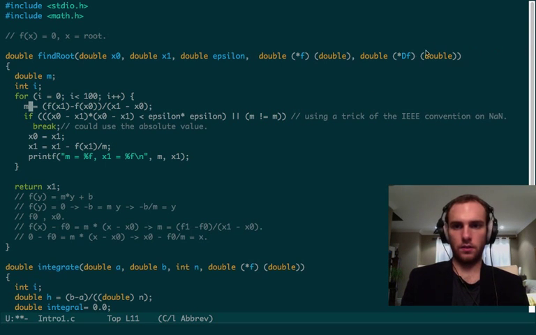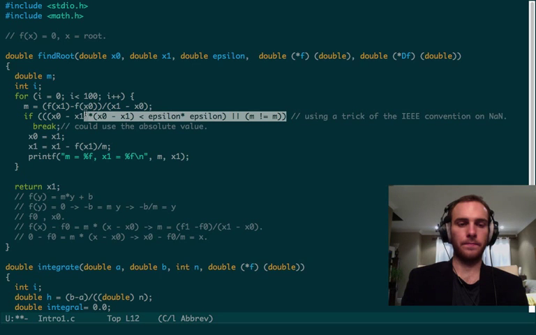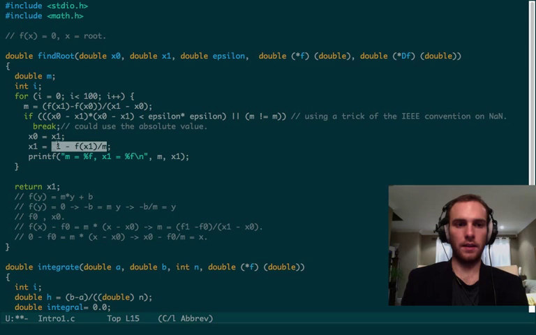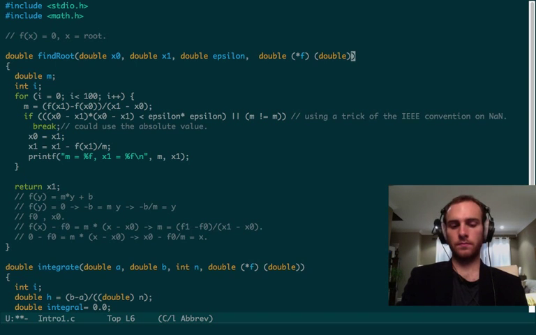So m is just df of x0, and then you can compute x1 like that by x0 minus f at x0 over m, and then you can see if the difference is small enough and exit if it is. Alright, so there's a way to compress that by using the derivative as a measure of the slope of the function.